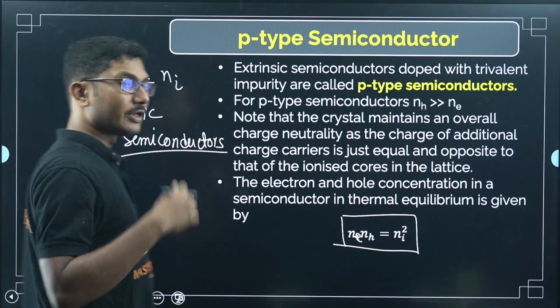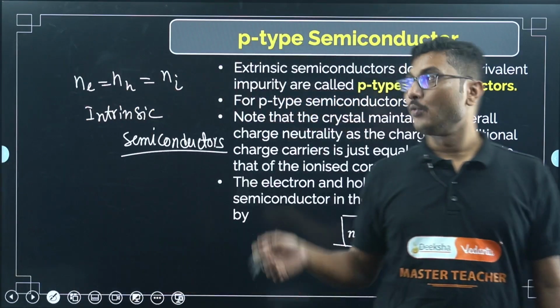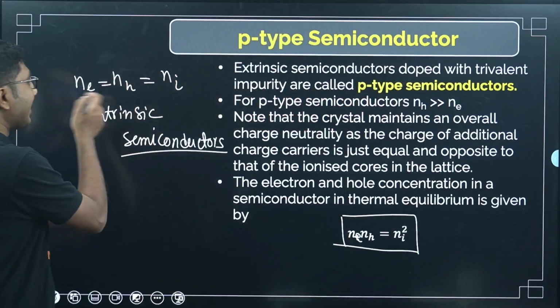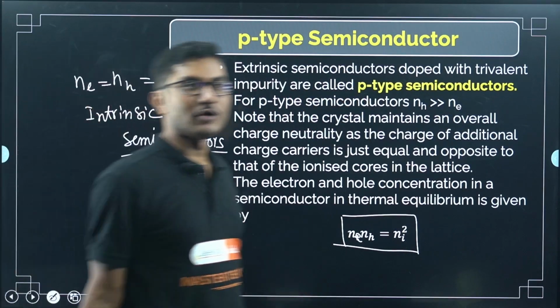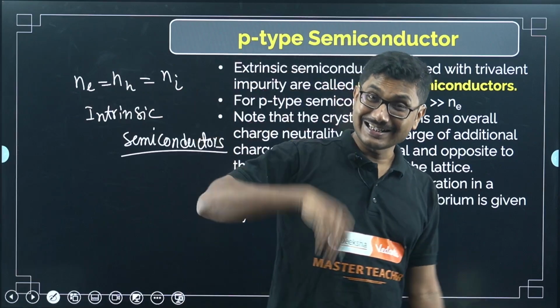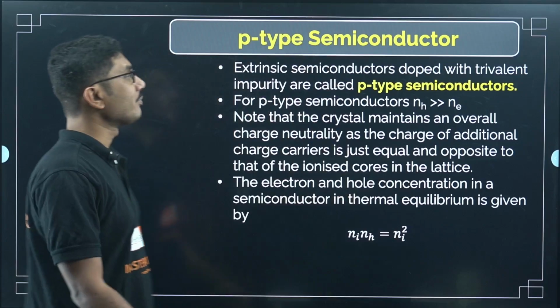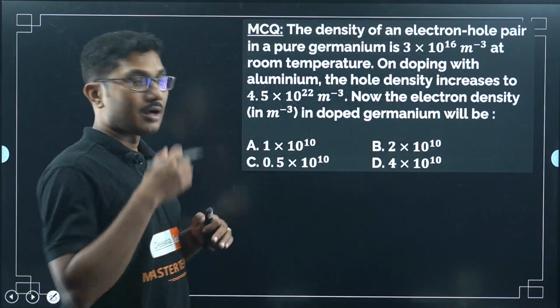Both of them are equal. So Ne Nh equals Ni square, obviously true for an intrinsic semiconductor, but for an extrinsic semiconductor as well, this relationship is true. And there was one problem that came from this concept.